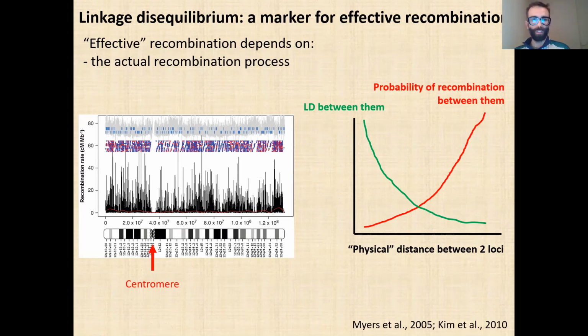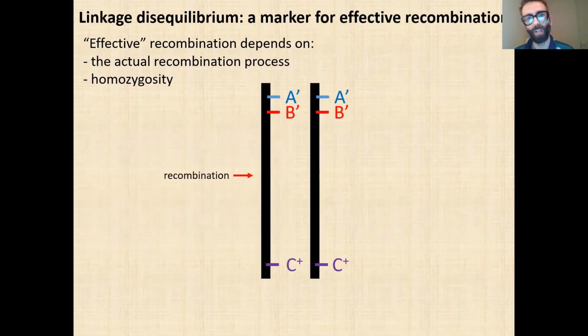Okay, so of course, how many recombination events happen is a really important factor for effective recombination. Now there is another really important factor for effective recombination, and that factor is homozygosity. So imagine that you have the case again as before, except that this time this individual is purely homozygous for all 3 loci.